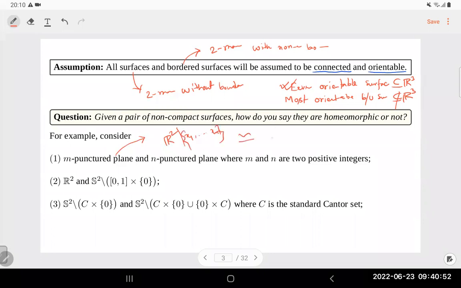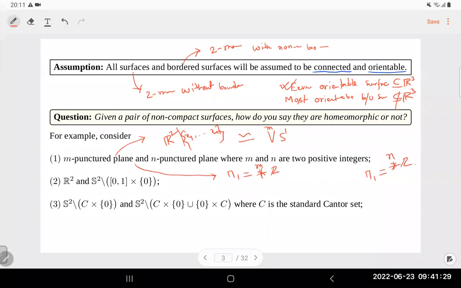This is homotopy equivalent to a wedge of m circles. In particular, its fundamental group is Z star m times, a free group. And for the n-punctured plane, you find it is the free product of n copies of Z.